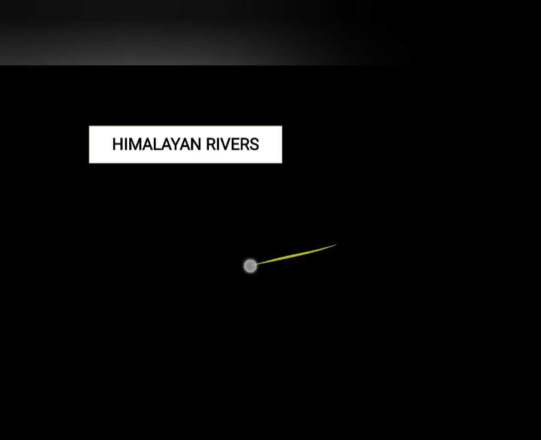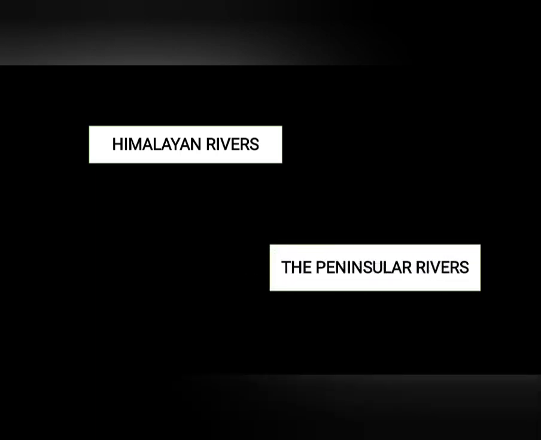Next we have the Peninsular rivers: the Narmada, Tapi, Godavari, Mahanadi, and Krishna. These rivers are located in the Peninsular River Basin. We will be discussing both types of drainage basin slowly in the following topics.